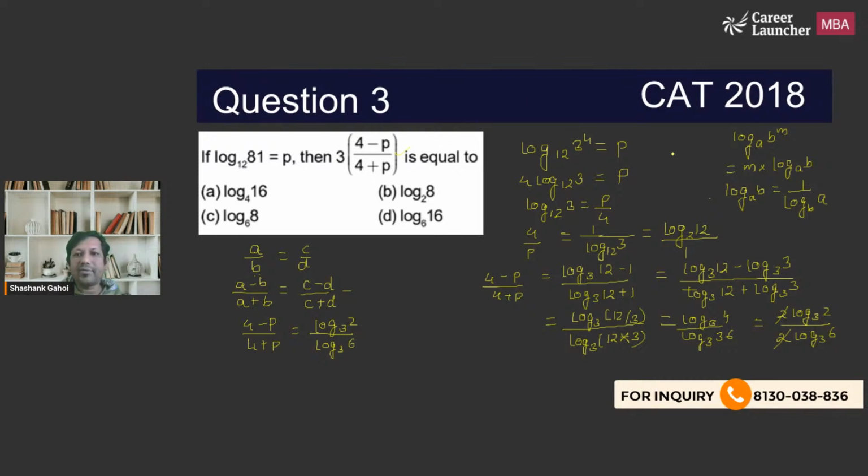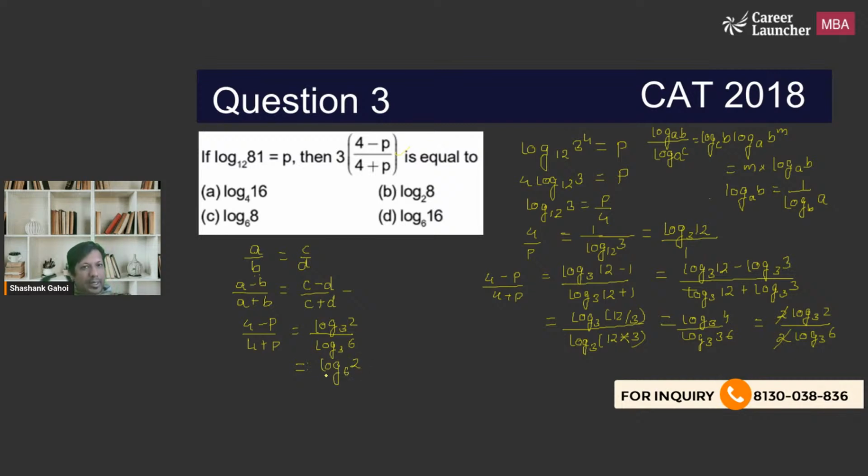In the previous class, if you remember, we studied one formula, which is log base a b upon log base a c is equal to log base c b. Here the bases are the same, so it can be written as log base 6 2.